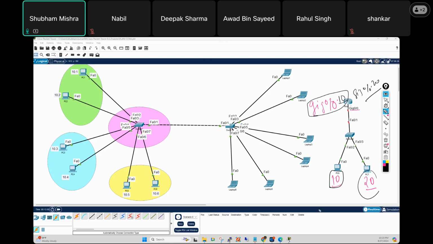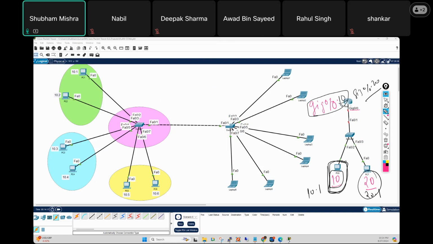So now for this PC, let's suppose the IP address is 10.1 and here the IP address is 20.1. Are you getting my point? We created how many sub interfaces? Two sub interfaces. After creating two sub interfaces, you have to assign the IP addresses also, right?